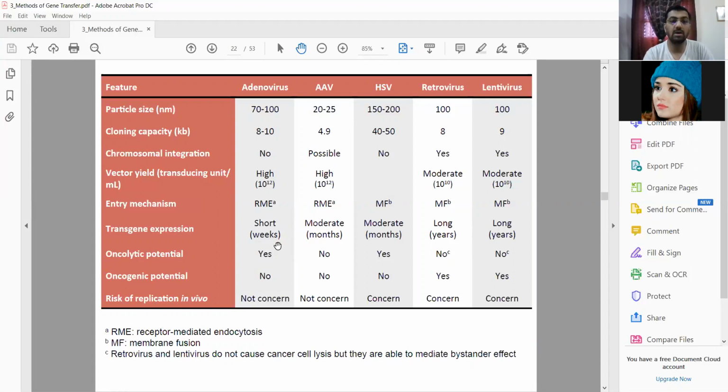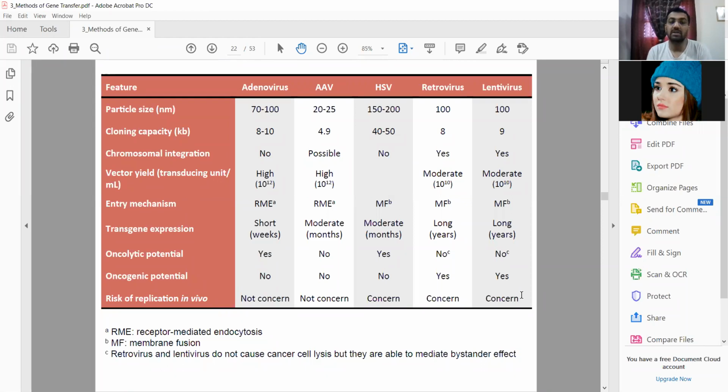Now coming to oncolytic potential, adeno-associated viruses and retroviruses don't have this oncolytic potential, but adenoviruses, HSV, and lentivirus have this potential. If we go to oncogenic potential, the first doesn't have it, but retroviruses and lentiviruses could create tumors. So we have to be very careful with them.